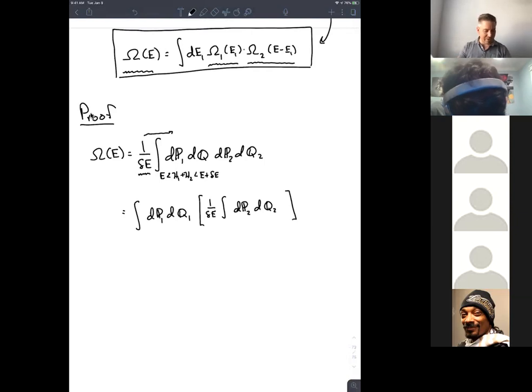Now I have to adjust my limits. Essentially I'm taking this one big integral and splitting it up into 2 little integrals, and that means I have to adjust my limits.